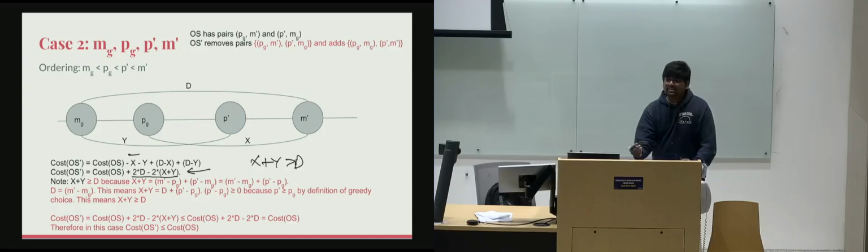So actually, these are the things that you need to prove in your greedy solution, and you need to show how this x plus y is greater than d. You can see that when you are adding x and y, this term is getting added twice. So another way of looking at it is something like this.